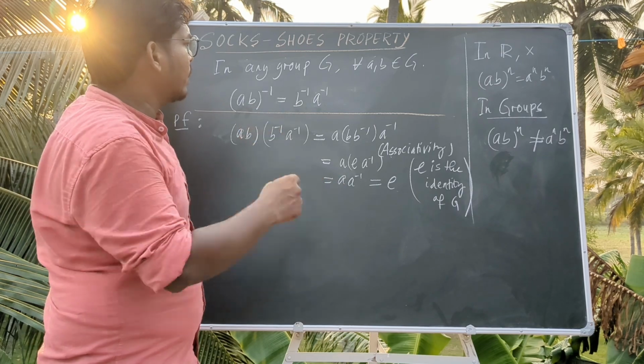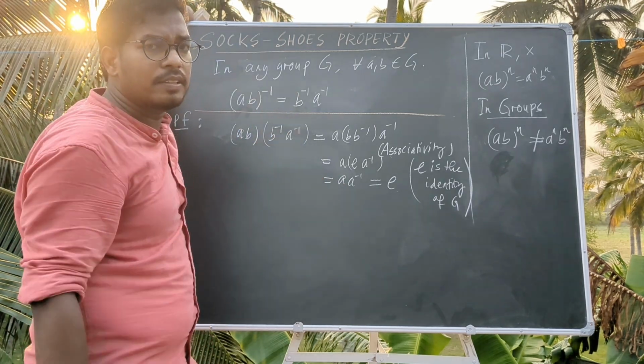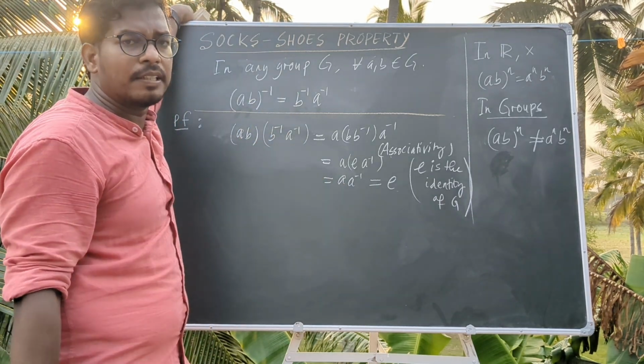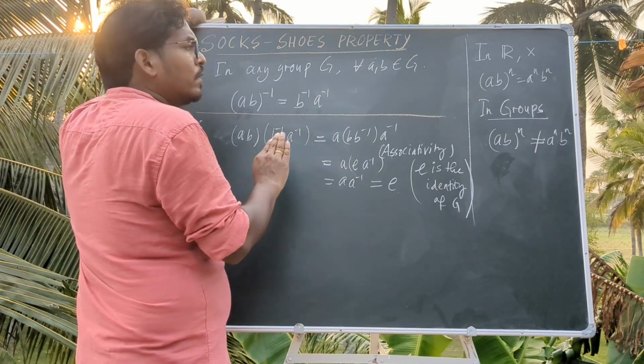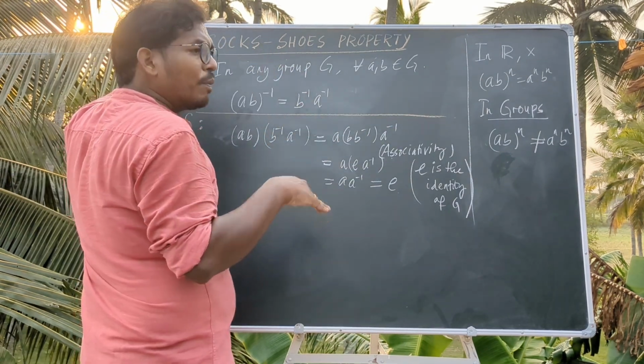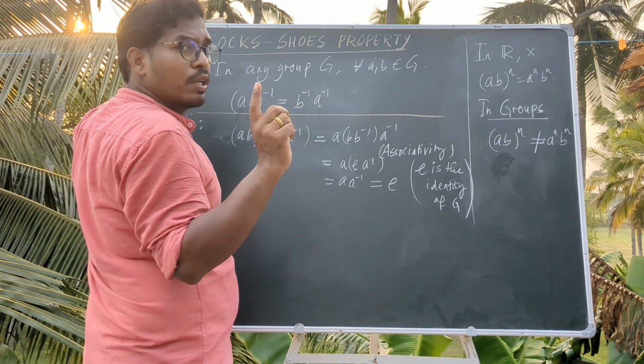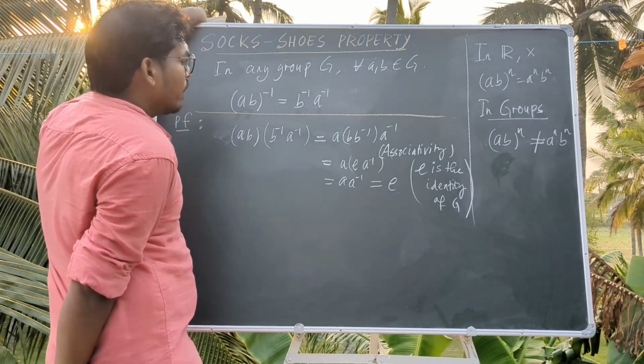We are dealing with a group and the operation can be anything. The elements can be matrices, sets, anything. The operation here is the operation of the group, not the usual multiplication we are familiar with.